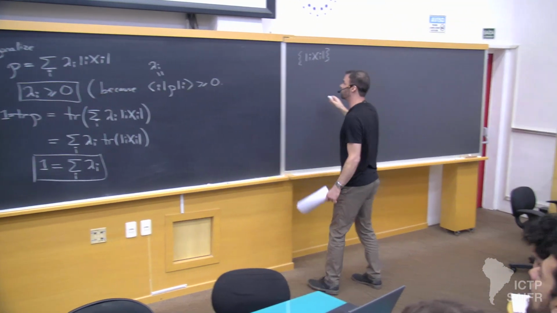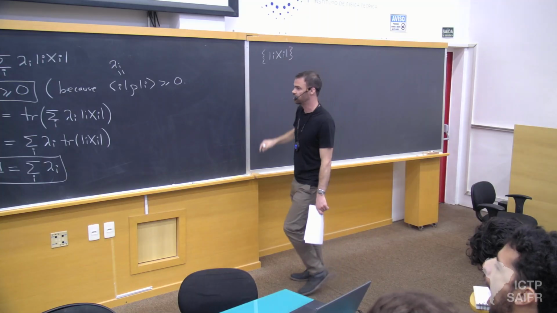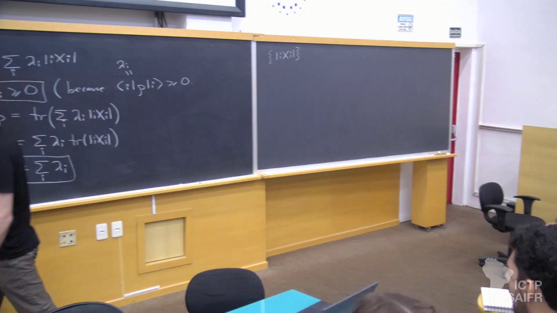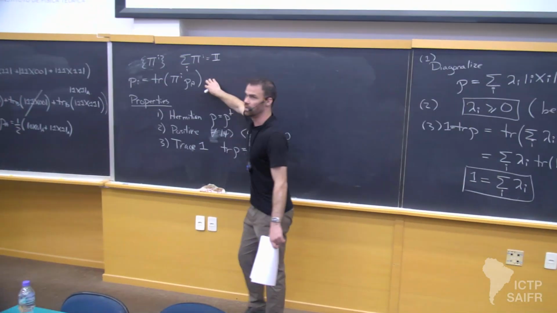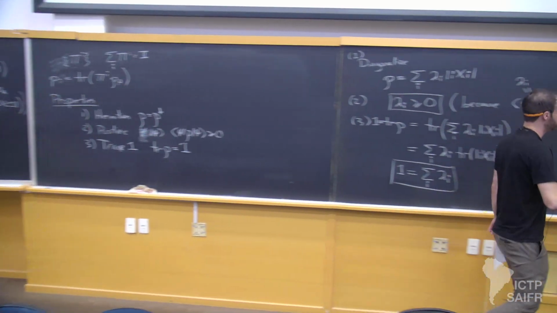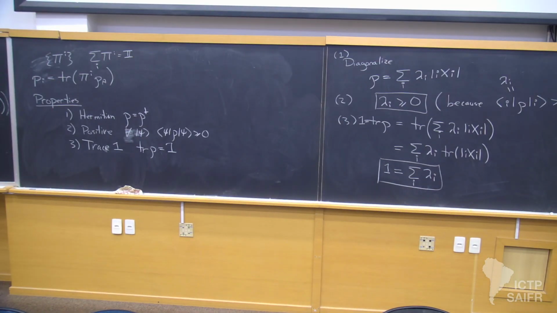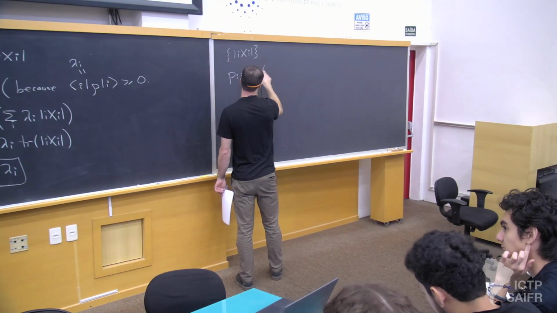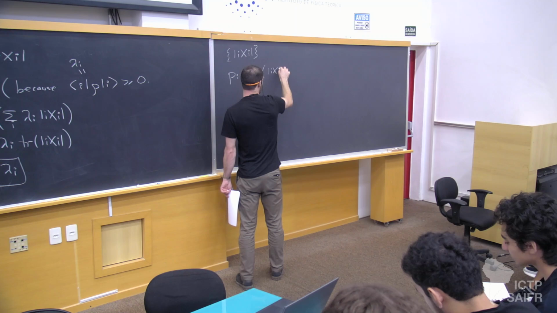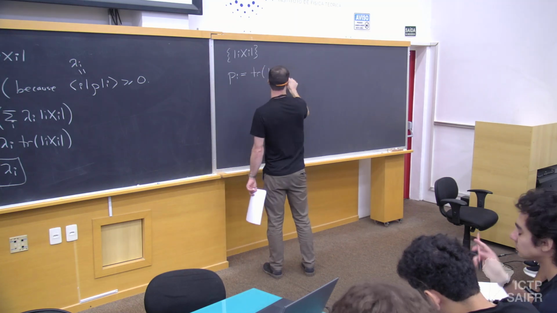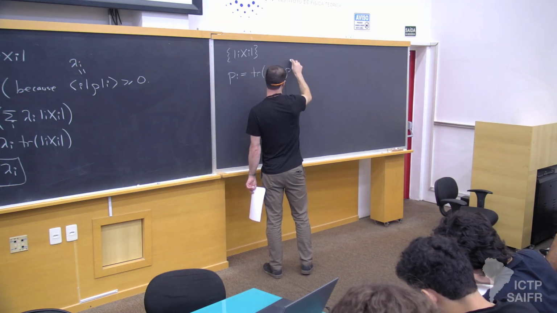If I now make measurements here, then the probability of getting outcome i is the trace of pi_i, which is now this |i><i|, times rho.